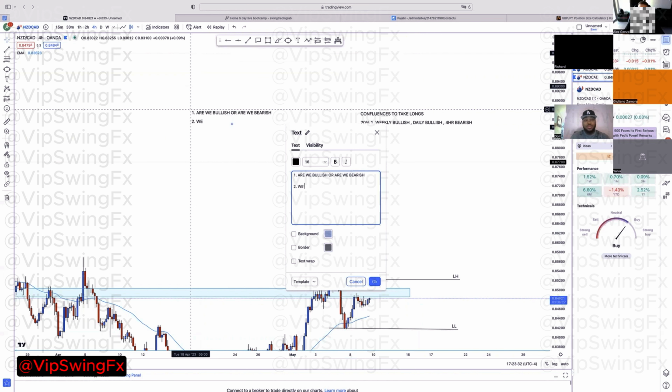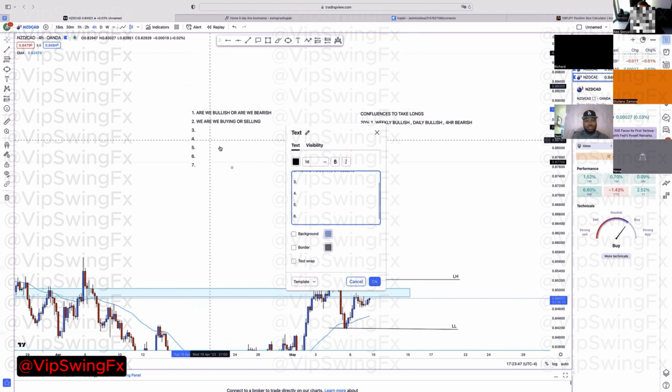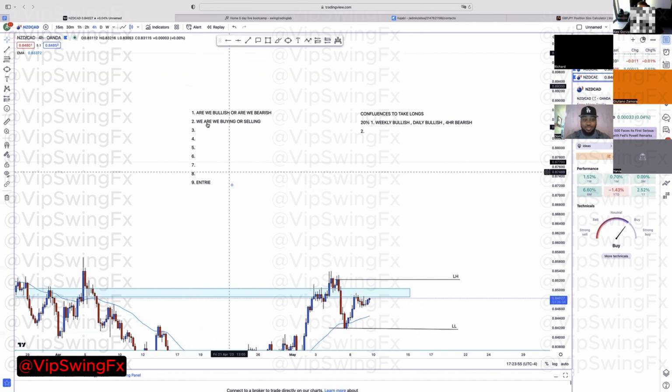Confluence 2: where are we buying or selling? Confluence 3, 4, 5, 6, 7 will be broken down tomorrow. It's so simple. And then Confluence 8, and 9 is the entry signal.